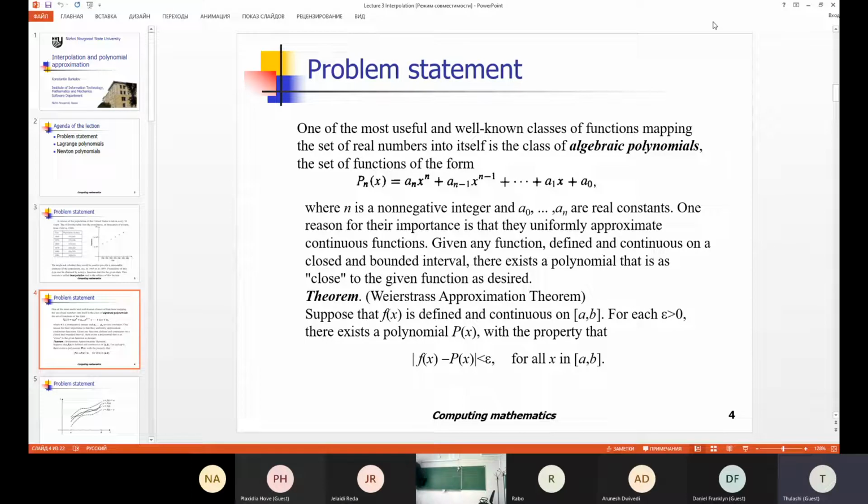To define a polynomial of degree n, we should define n plus 1 numbers. If somebody tells me these n plus 1 numbers, a0, a1, a2, a3, and so on, an, I can write a polynomial of degree n.